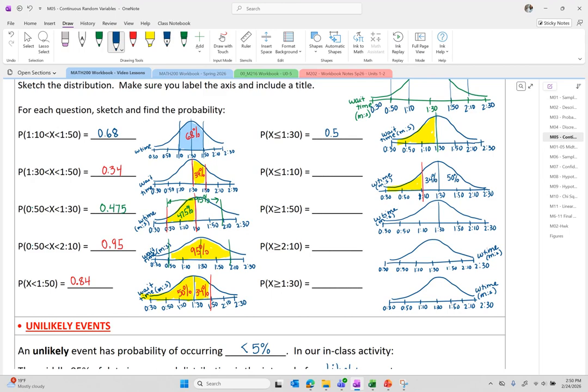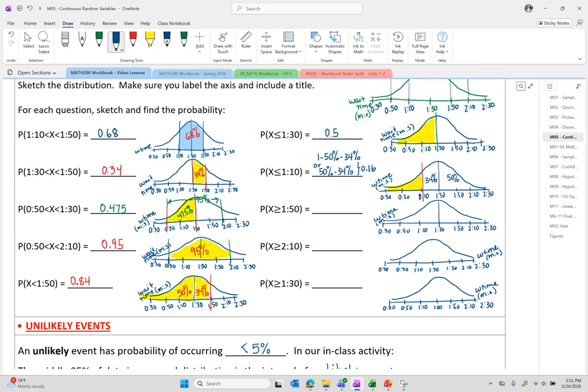And the data to the left of 1 standard deviation below the mean would be either 1 minus the 50% minus the 34%, or it will be the half of the left half. So 50% of the left half minus 34%. So in both cases, the answer is 16%, so 0.16 is the answer to that.